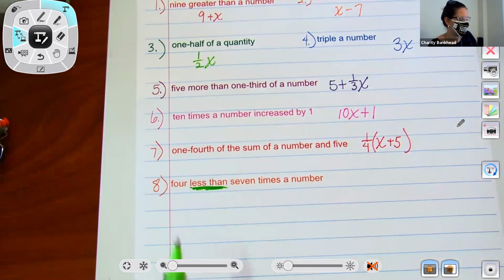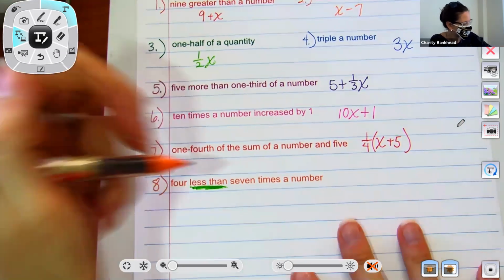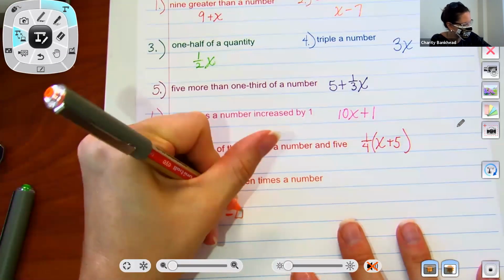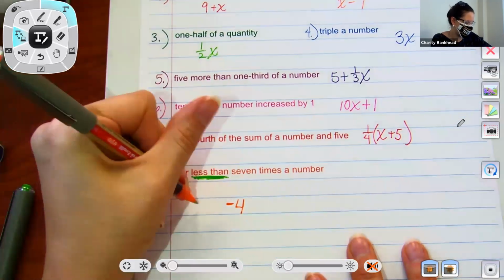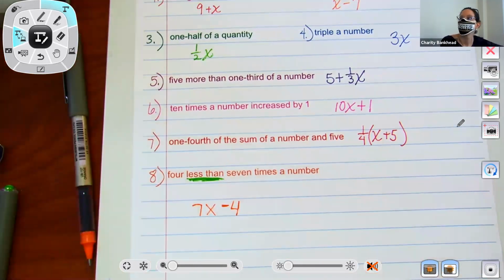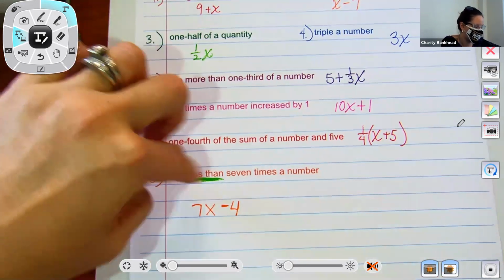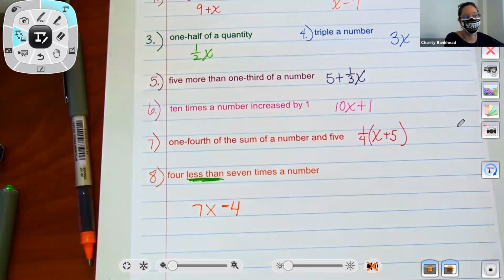So 4 less than means something minus 4. So 4 less than 7 times the number, which is the 7X. I think that's pretty much the only time it's going to be in reverse order of how it's written, when it says less than.